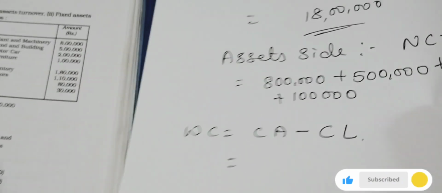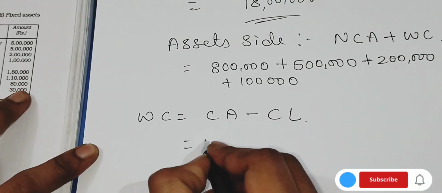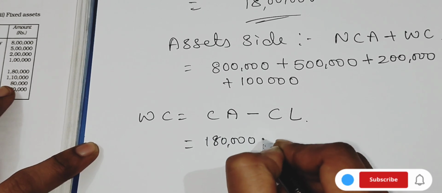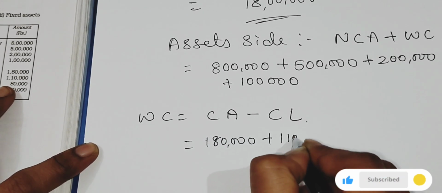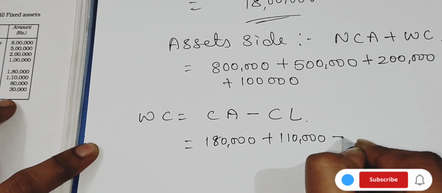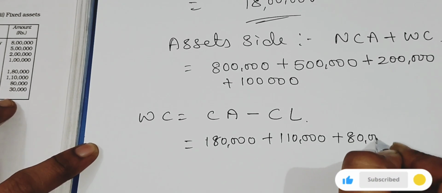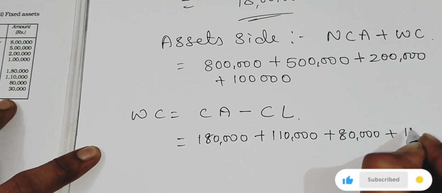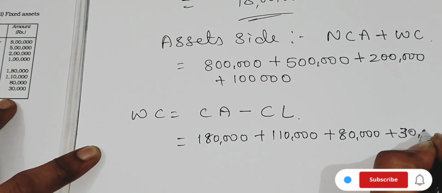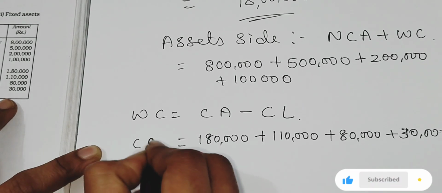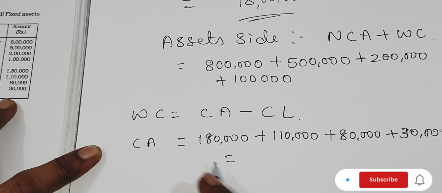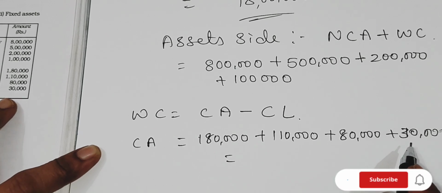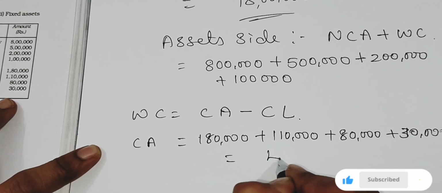Current assets are inventory 1,80,000 plus debtors 1,10,000, bank 80,000, cash 30,000. Total is 1,80,000 plus 1,10,000, 2,90,000, plus 80,000, 4 lakh. Right?